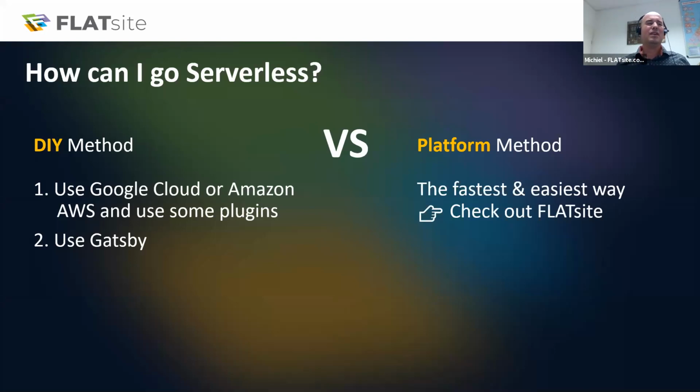But often you still have your databases on the same server, as you are also having a static page. Some people use Gatsby. It's a JavaScript framework that helps you build sites with React. It works pretty well, but each of them involves a different level of DIY-ness. So you should find something that really fits your needs.